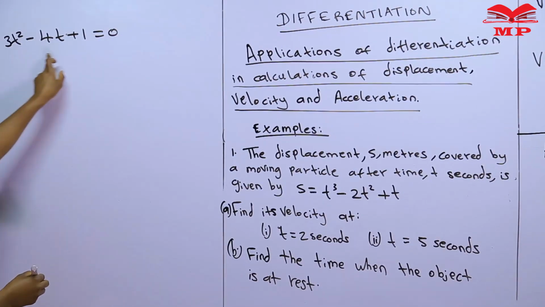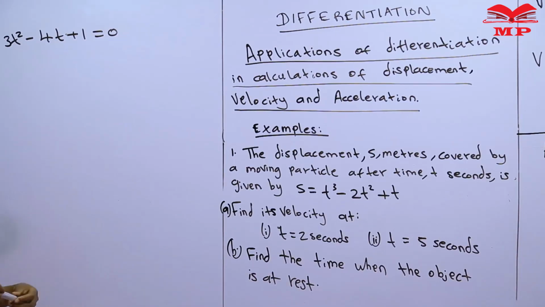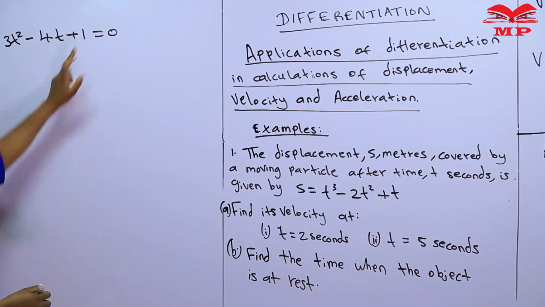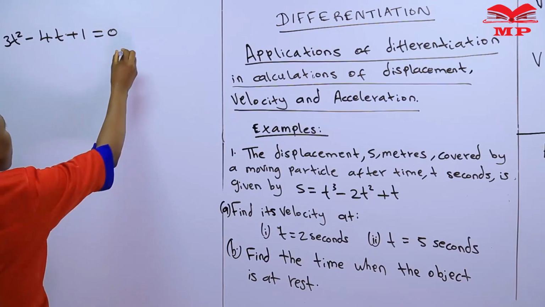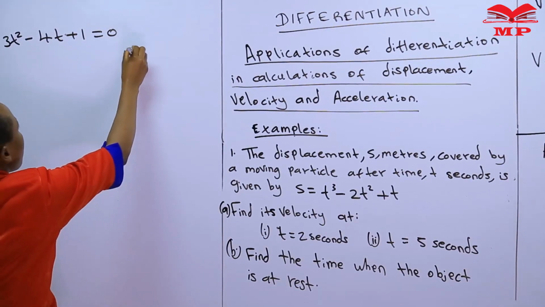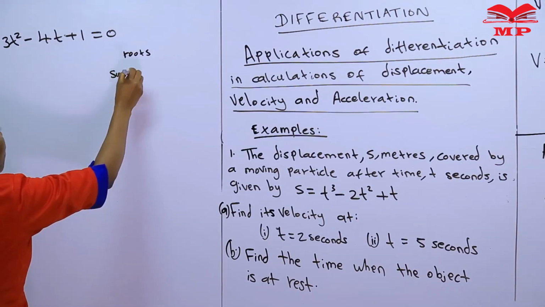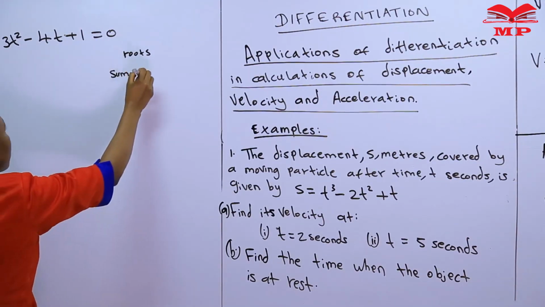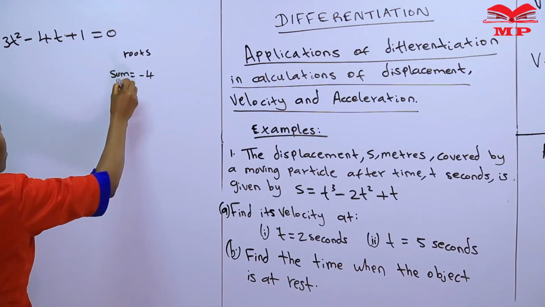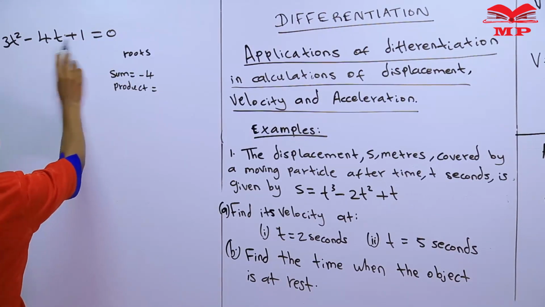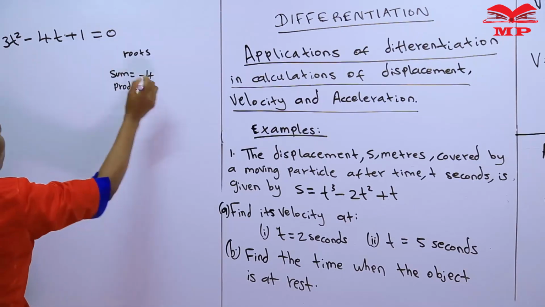So we need to solve this equation to get the values of t. This is a quadratic equation where we have our a, b, and c. Therefore, we can use the formula for getting the roots. We have the sum, which in this case is negative 4, and the product is a times c, which is 3 times 1.